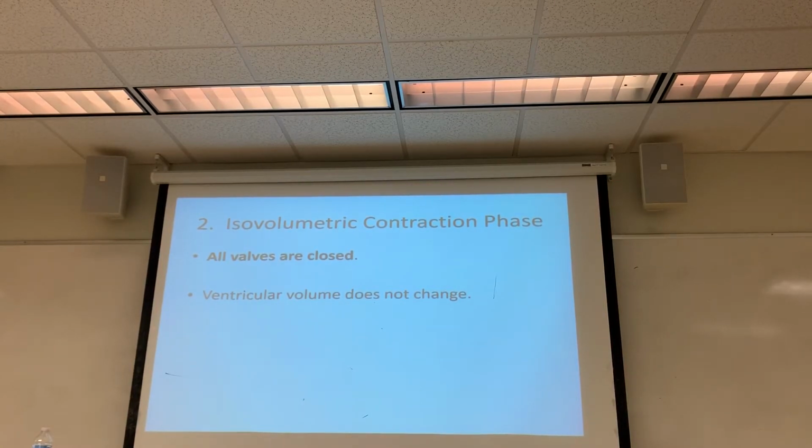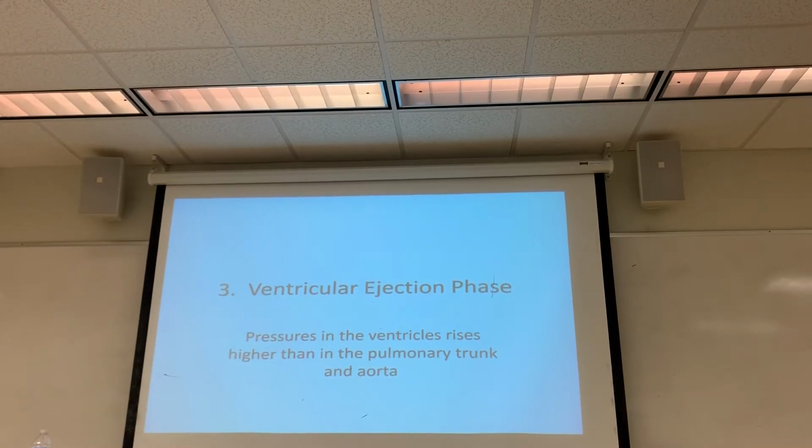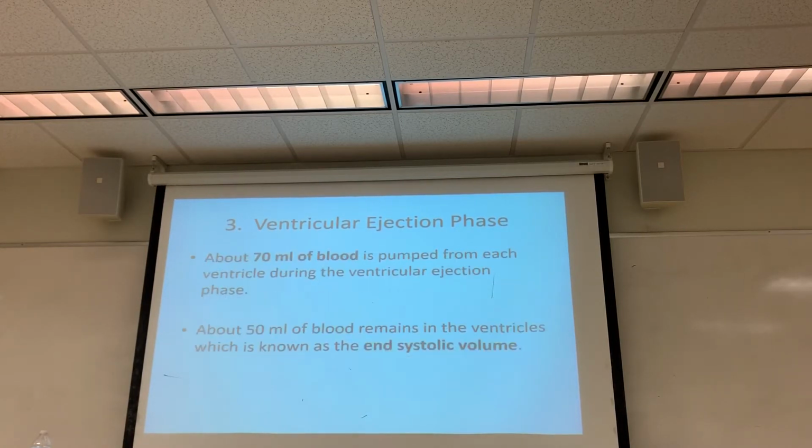Okay. So in this case, we have ejection. So this is not ejection, this is the true contraction phase. So pressure in the ventricle rises, and then the pulmonary trunk and aorta valves open. Okay? Pushed open, rapid outflow of the blood from the ventricles, and then pressure of the pulmonary trunk approaches the ventricles. So that's how it is.